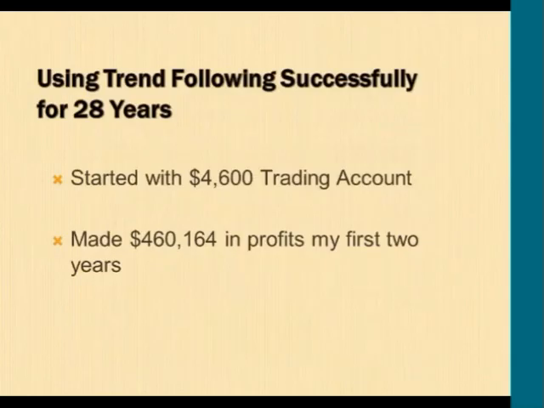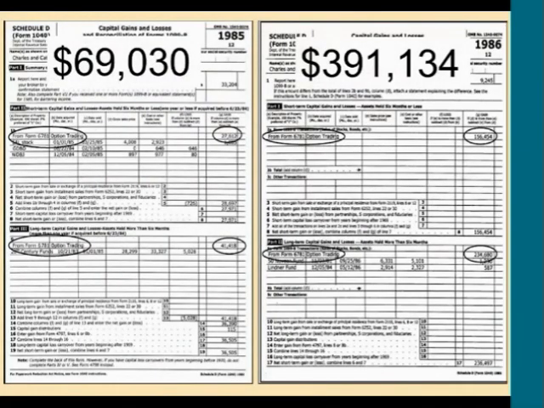So as I mentioned, I've been using these trend following systems for many years, and I actually started out with a $4,600 trading account. That's all I could gather at the time. And within my first 2 years using these trend following systems, I made over $460,000 in profits, and that was trading options. So these are snapshots of my tax returns those first 2 years.